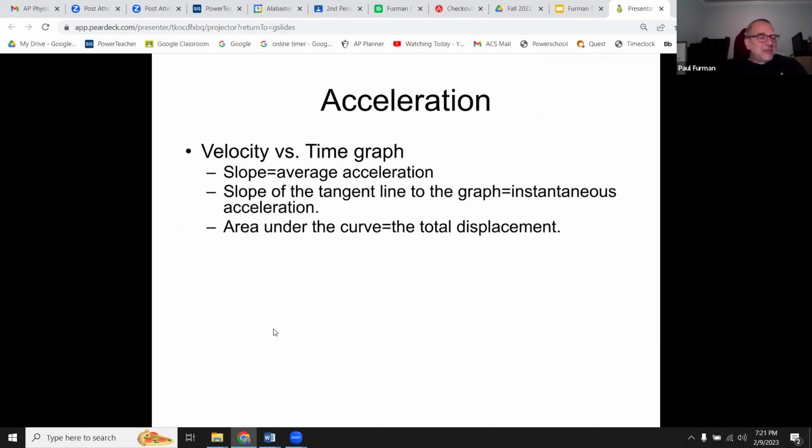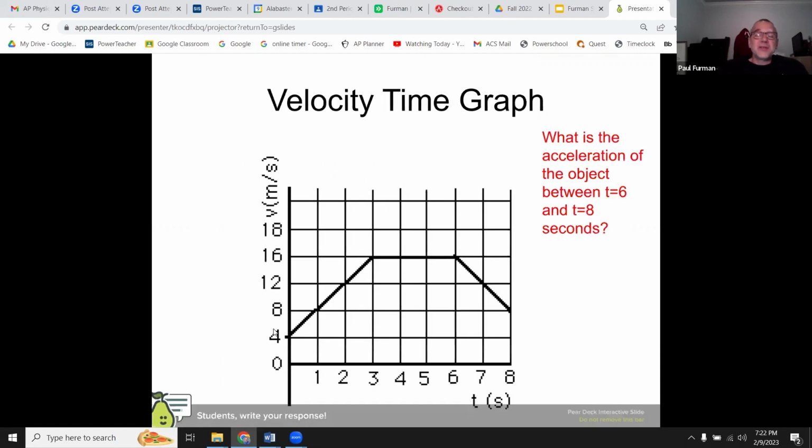If you have a velocity time graph, the slope of the graph is your acceleration. So whenever you look at the slope of a velocity time graph like this one, slope, as always, is the rise over the run. If you look at the units, that's a meter per second is your rise, divided by seconds becomes meters per second squared.